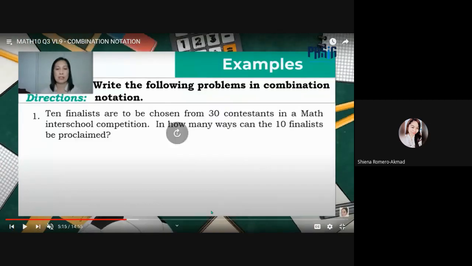So let us have examples. For number 1, 10 finalists are to be chosen from 30 contestants in a math inter-school competition. In how many ways can the 10 finalists be proclaimed? So what will be our combination notation here?